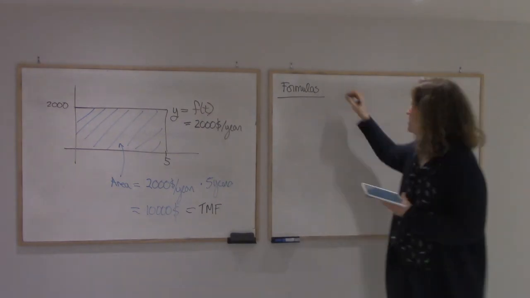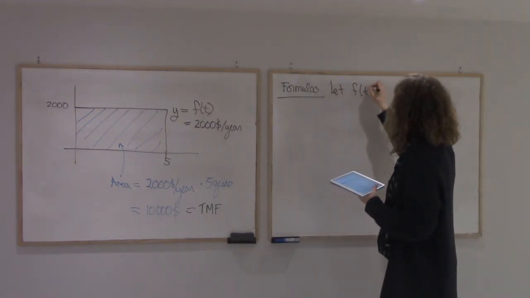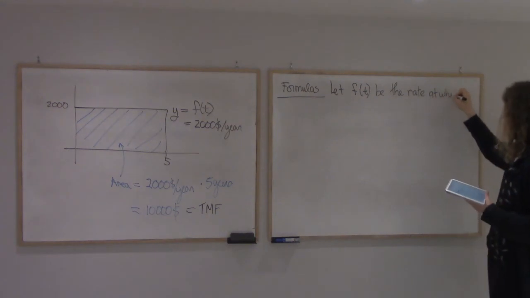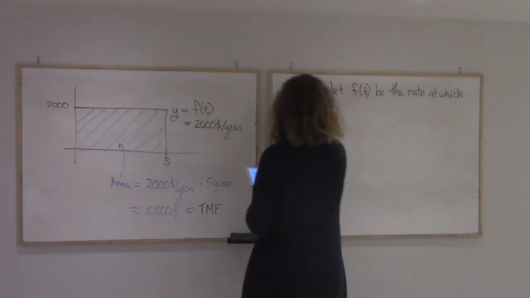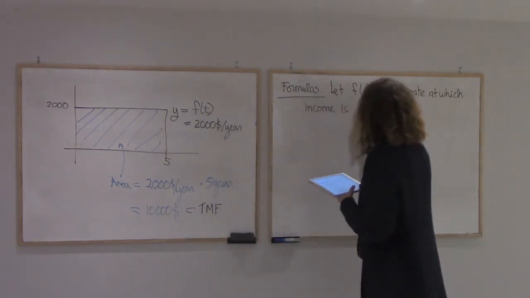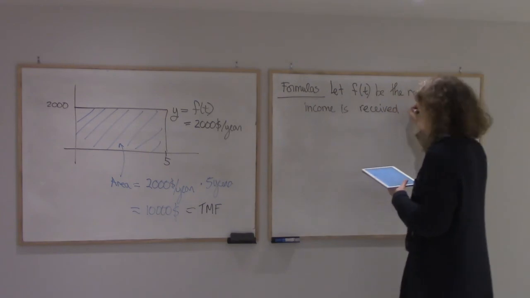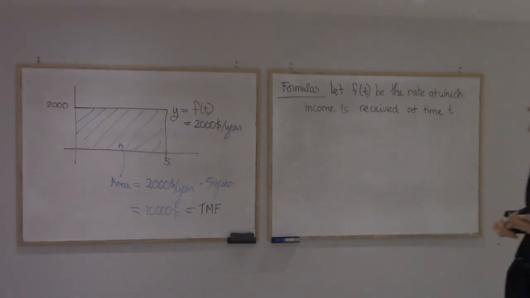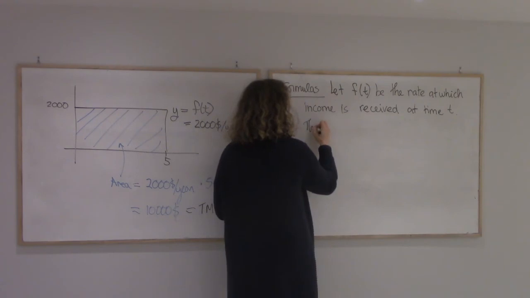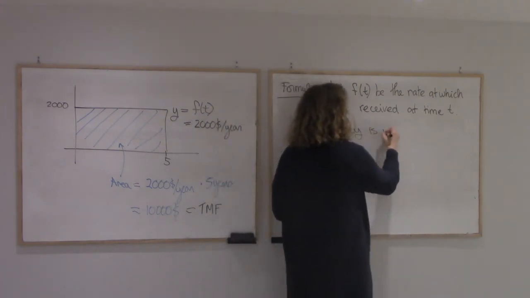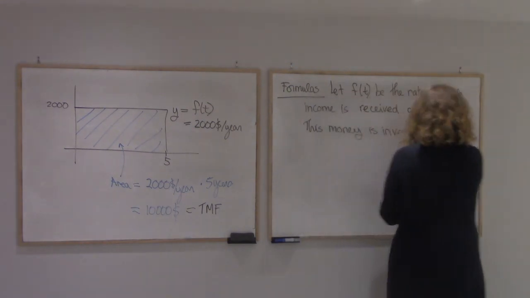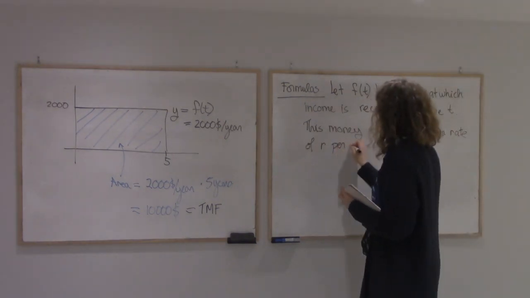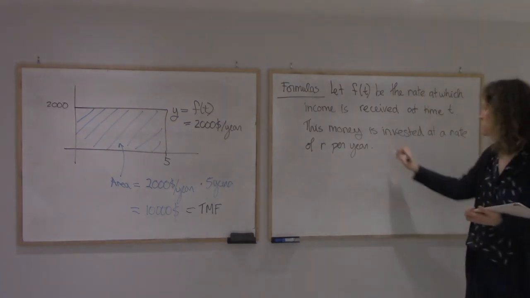I'm assuming that I'm investing money at a rate of f of t, and assume that we're investing that money at a rate of R per year, and that this goes on for T years.